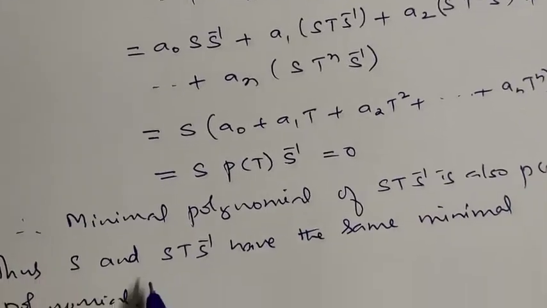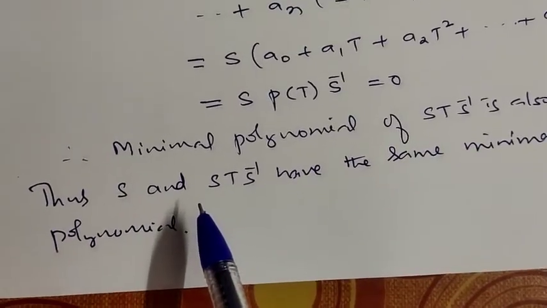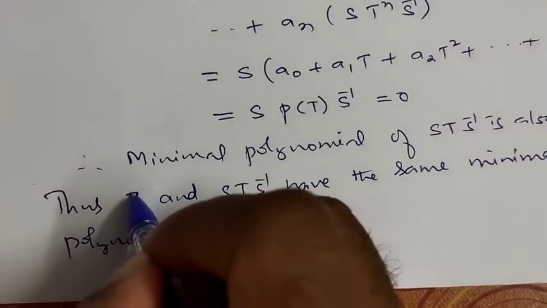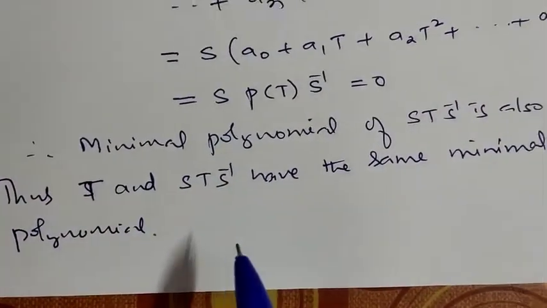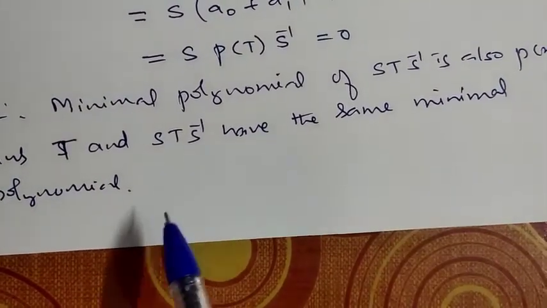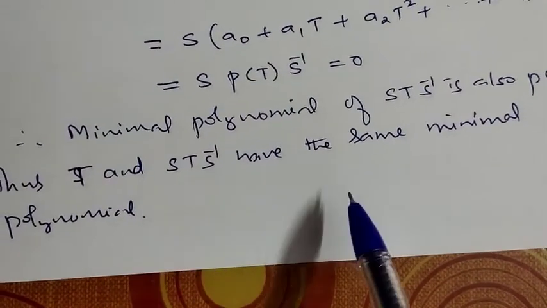Thus both the transformations, so therefore the transformations t and s t s inverse have the same minimal polynomial, which is taken to be p of x.